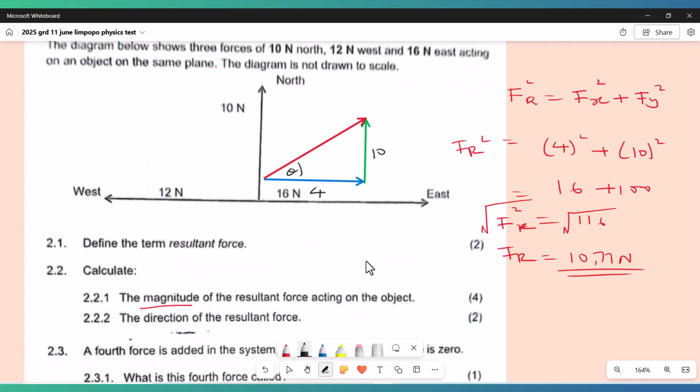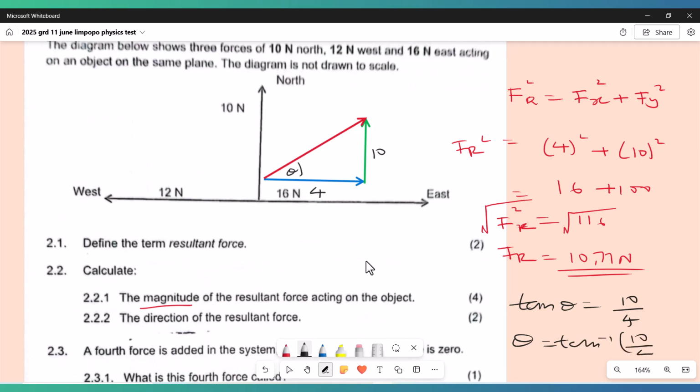So now I'm going to use tan theta. Tan theta equals opposite, which is 10 divided by 4. So theta is going to be the tan inverse of 10 divided by 4.